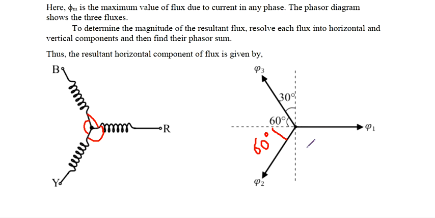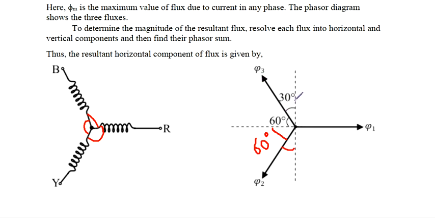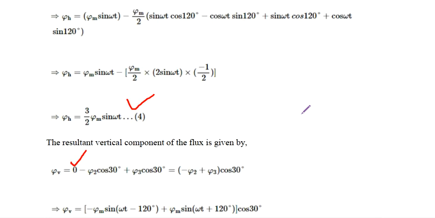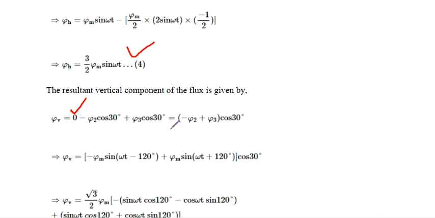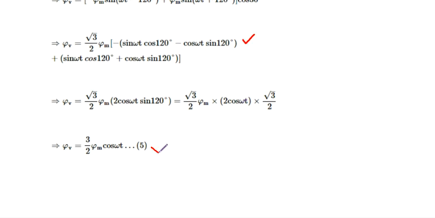With respect to phi 2, the vertical component is towards the downside of the vertical axis. Then it is minus phi 2 cos 30, because this is 30 degrees. Similarly, phi 3 is plus phi 3 cos 30. So that's how you need to understand it and write the equation.